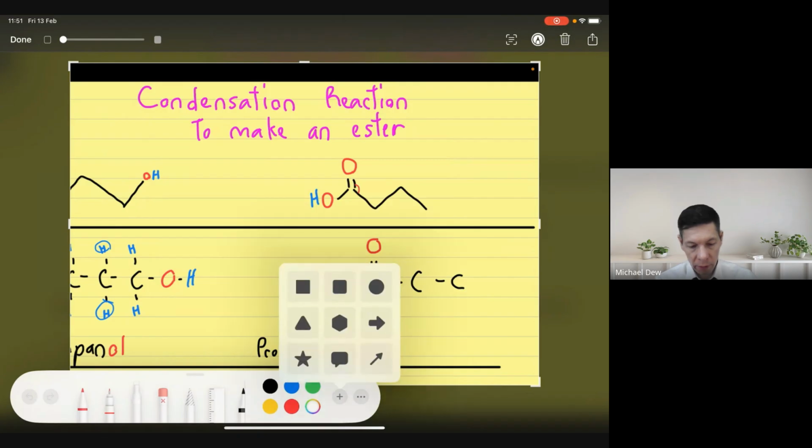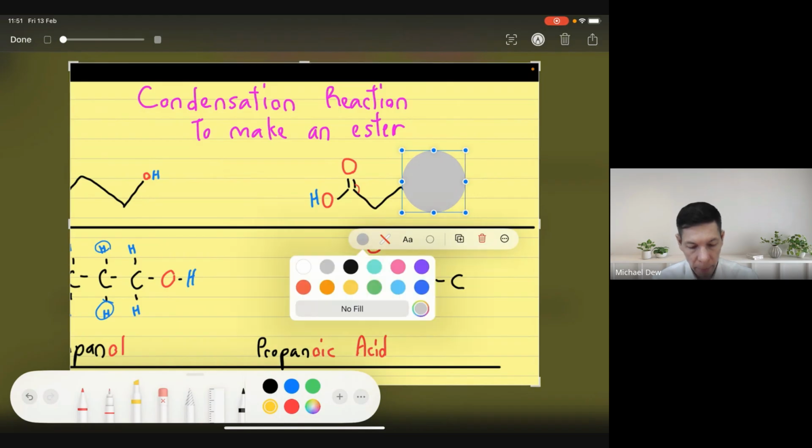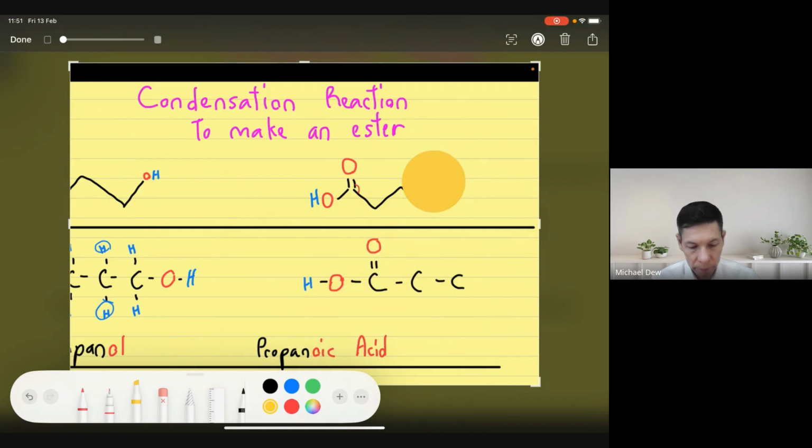So I can just put a little yellow circle here. You can block it out. Okay, so there we go. Now we have 3 carbons: 1, 2, 3, and here 1, 2, 3.